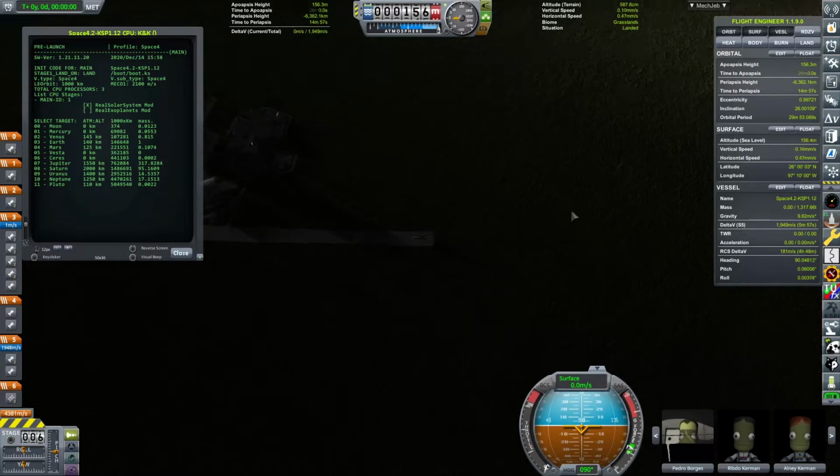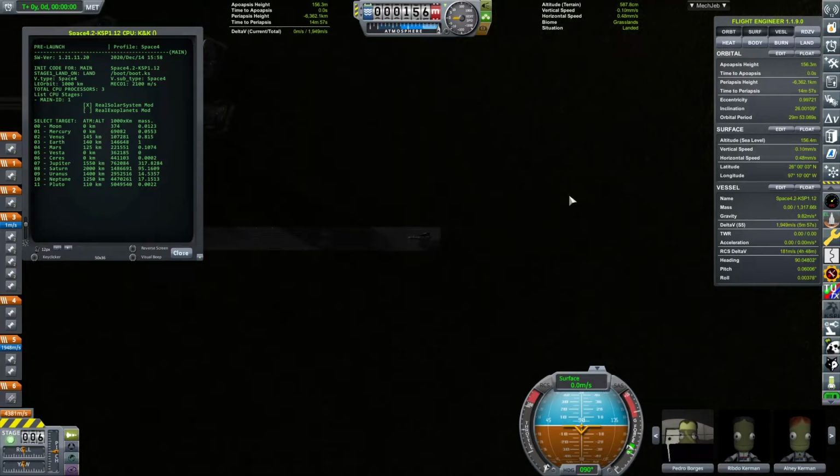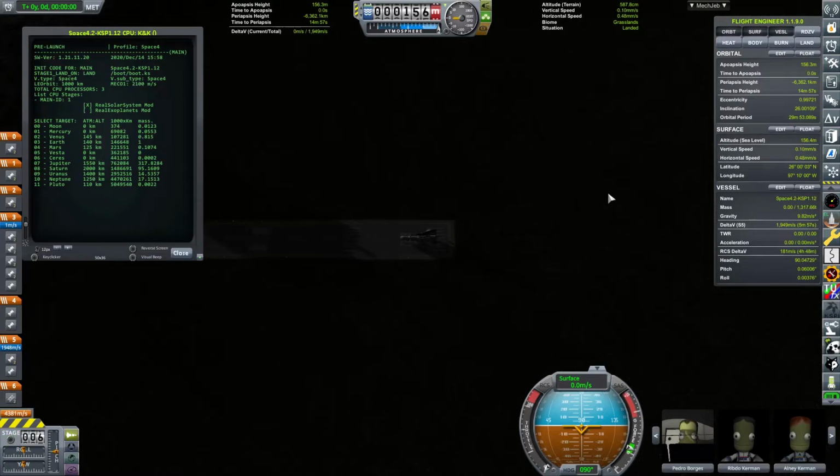So SPACE4, in the end, is a vehicle that has more stages and more types of engines because beyond the normal rocket engines it also has advanced jet engines that will allow us to use them in some part of the ascent phase.